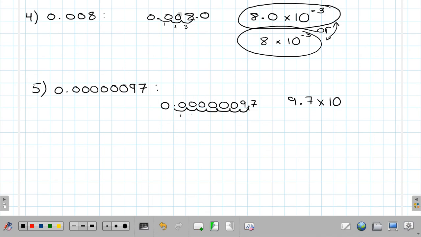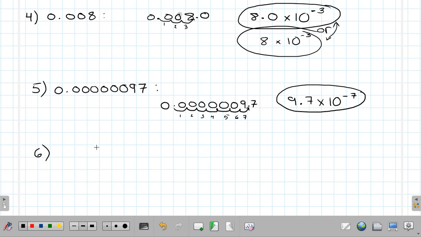Well, it's 1, 2, 3, 4, 5, 6, 7. But once again, let's pay attention to what we started off with. We started off with a very, very small number here. So if we wanted to make this 9.7 into that small number, we would need a negative exponent. So 9.7 times 10 to the negative 7.